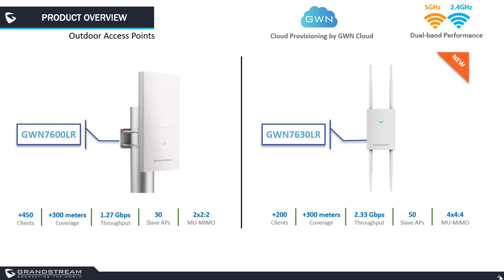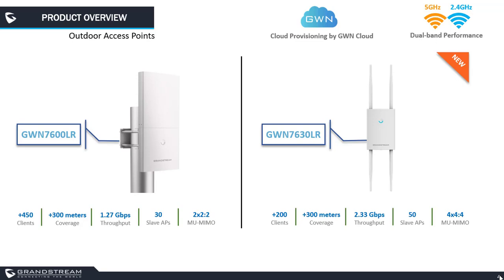Next new model is the GWN7630LR, designed for medium to large businesses and enterprises that need to provide long-range coverage in both indoor and outdoor spaces. It also offers weatherproof casing and heat-resistant technology.